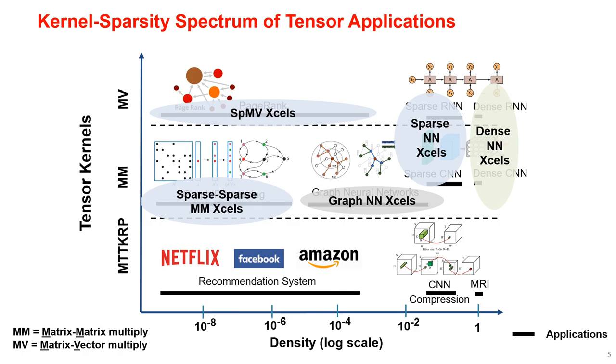Now, because different application domains make use of different tensor kernels, and have different sparsities and different compute and memory requirements, the existing hardware accelerators either cover just a single application or a small class of applications, while making some assumptions about the sparsity.